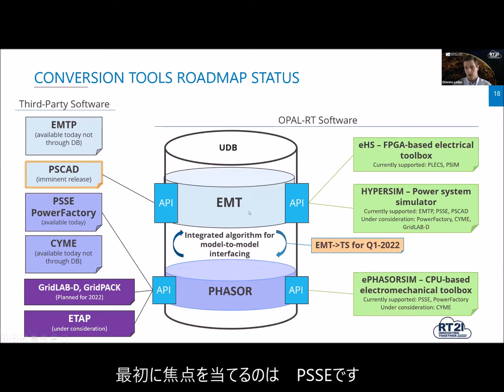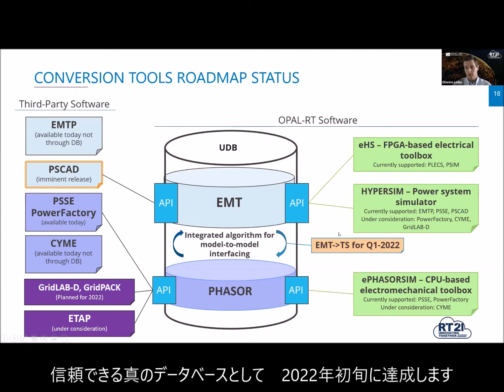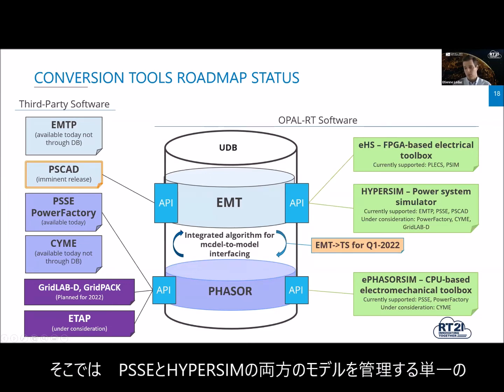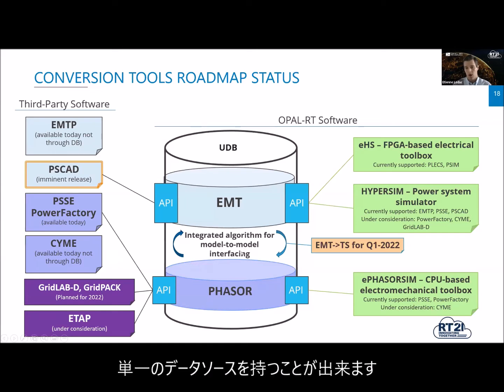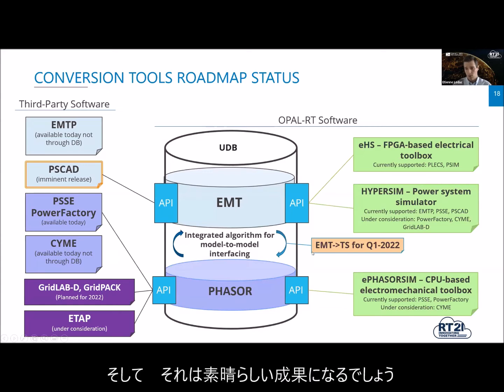The first we're going to focus on is PSSE. So we will achieve by early 2022 the topic of a single source of truth database where our clients will be able to have a single source of data to manage their models, both in PSSE and HyperSim. And that will be a great achievement that we'll show very soon.